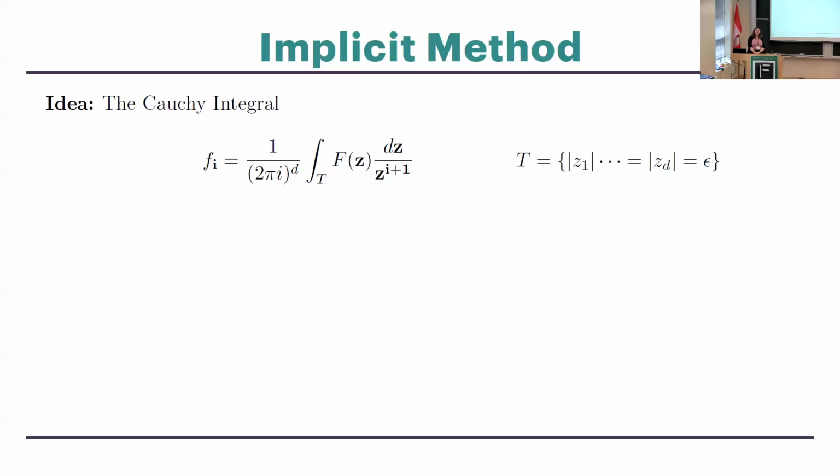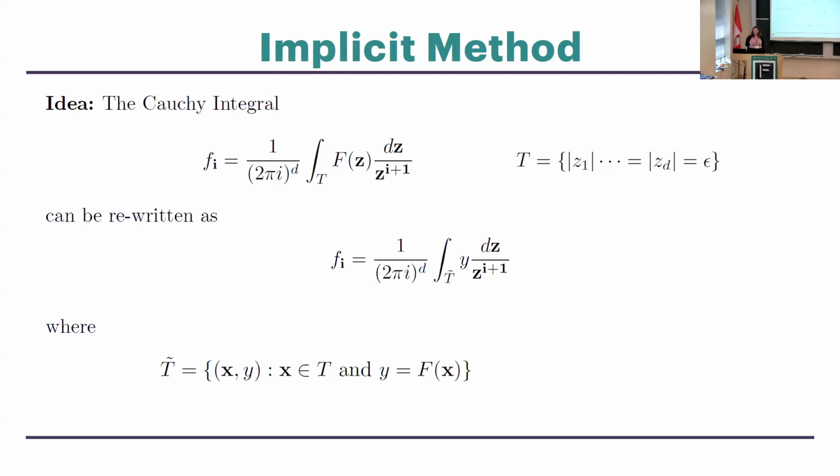So I'll give a little bit of an idea of the implicit method. I won't go into too much detail. It's rather complicated. But again, we start with the Cauchy integral, as Andrew mentioned, but this can actually be rewritten. Instead of integrating over T, we can integrate over T tilde, where T tilde is a set of (x, y) such that x is an element of T and y is equal to f at x.